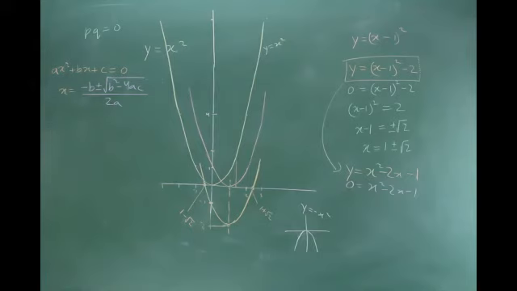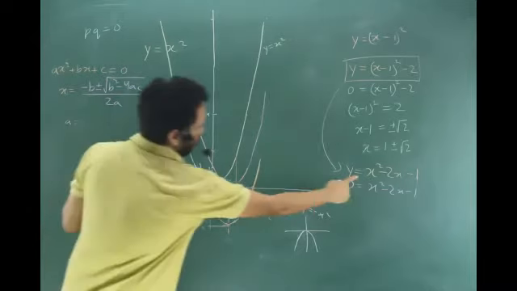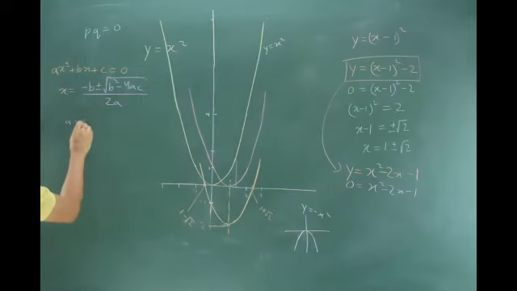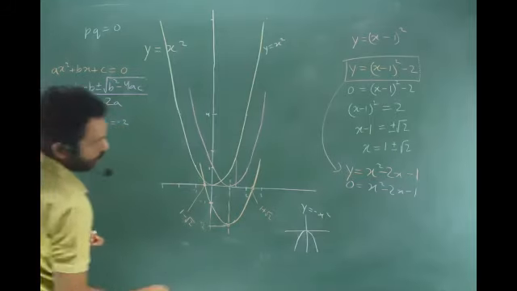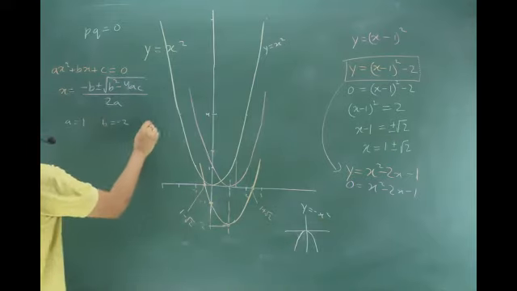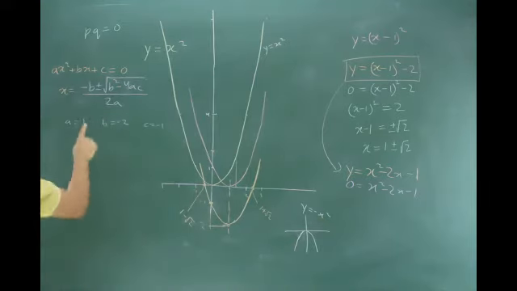Now in this particular question, how much was your a? a is 1. How much is your b? Minus 2. And how much is your c? Minus 1. We put the values.